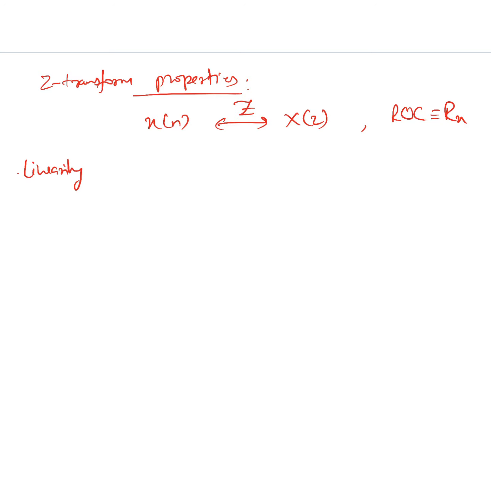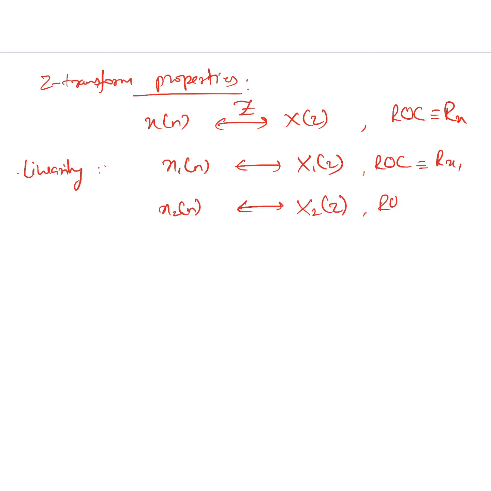The first property, linearity, says that if I have x1 of n with Z transform X1 of z and ROC Rx1, and x2 of n with Z transform X2 of z and ROC Rx2, then by combining the principle of superposition, that is additivity and homogeneity, I can write directly that a x1 of n plus b x2 of n has the Z transform a X1 of z plus b X2 of z.